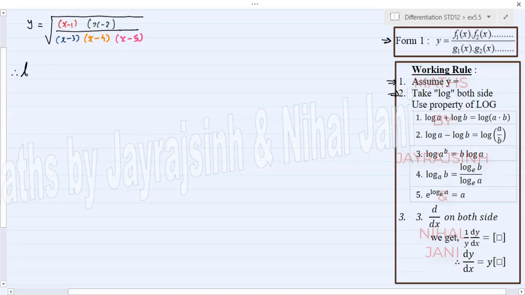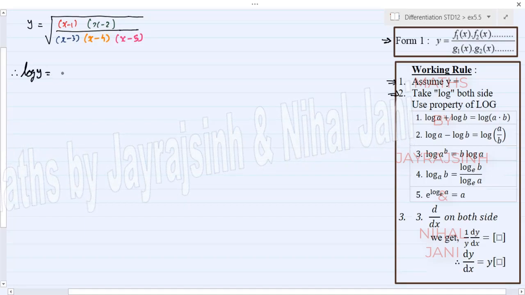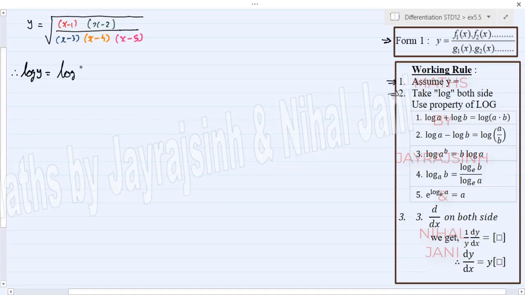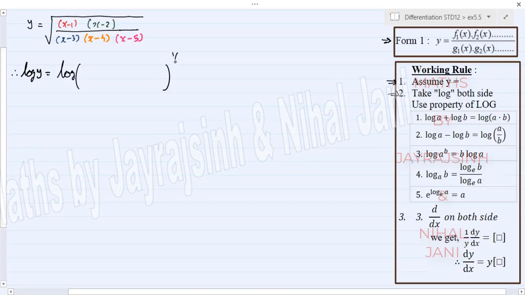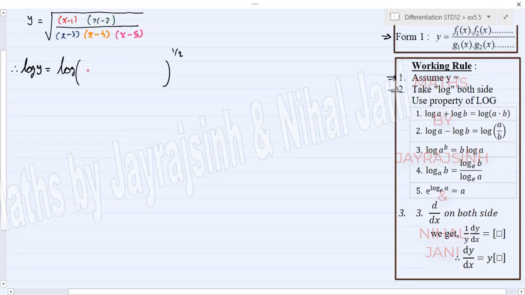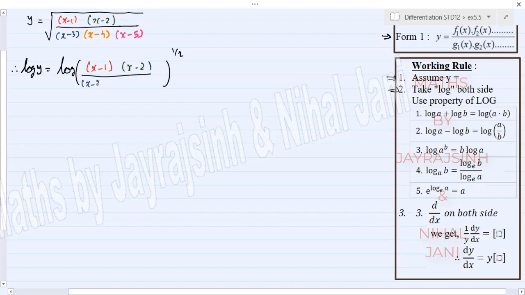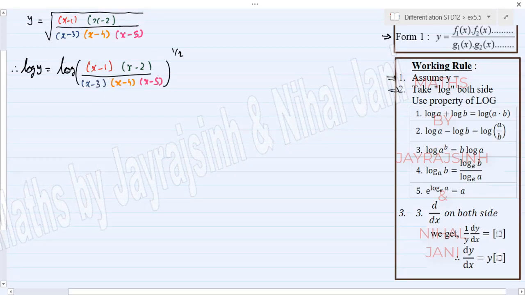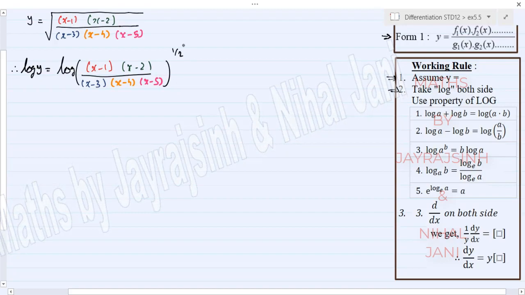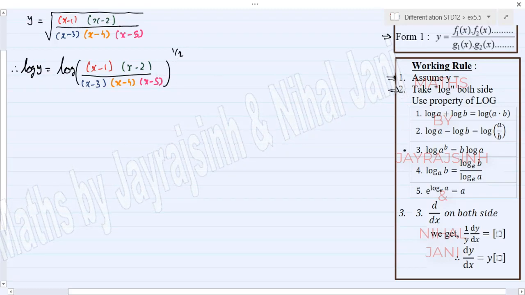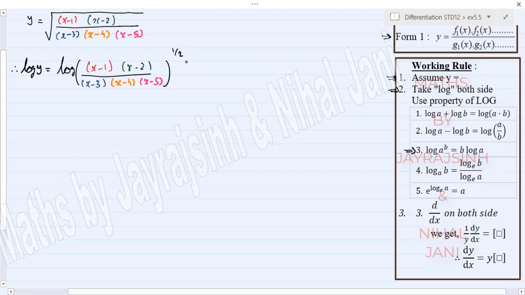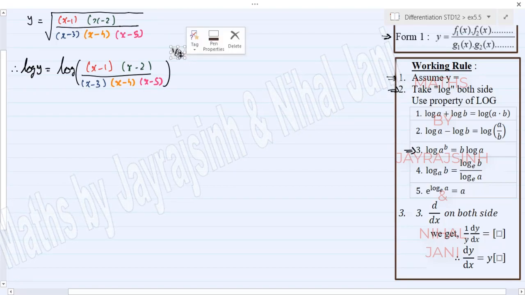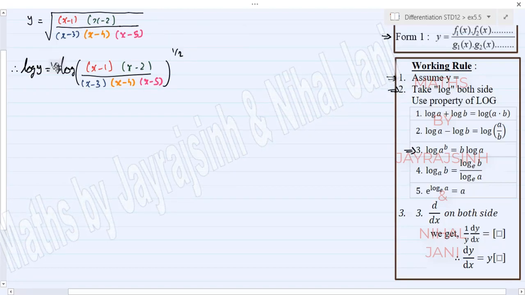We'll get log y is equal to log of the whole bracket raised to 1 by 2. Within the bracket we have our functions. First of all, we have log box raised to 1 by 2. So using the third property, this 1 by 2 power will go in multiplication of log.